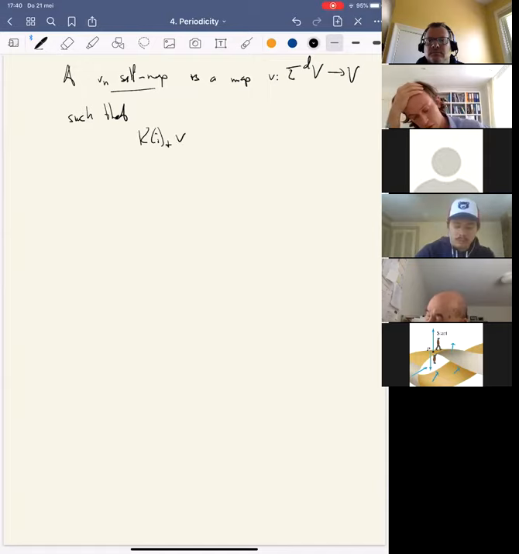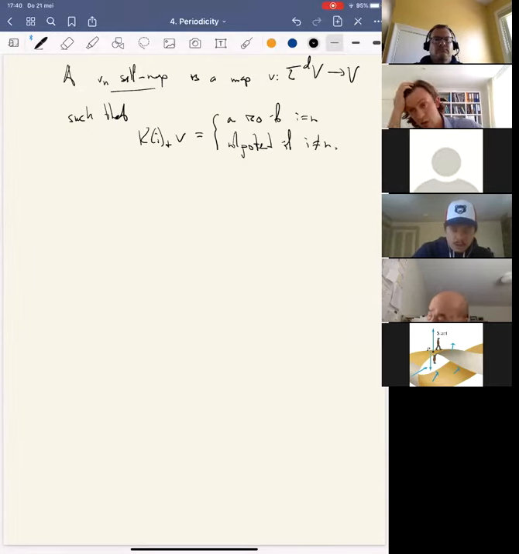If I look at the effect in the ith Morava K theory, then this should be an isomorphism in the nth one, and nilpotent if i is not n. If you want, you can even arrange it to be 0 by taking an appropriate power of it if i is not n. Okay? So just to drive home the point, I'm just trying to systematize what I was saying before.